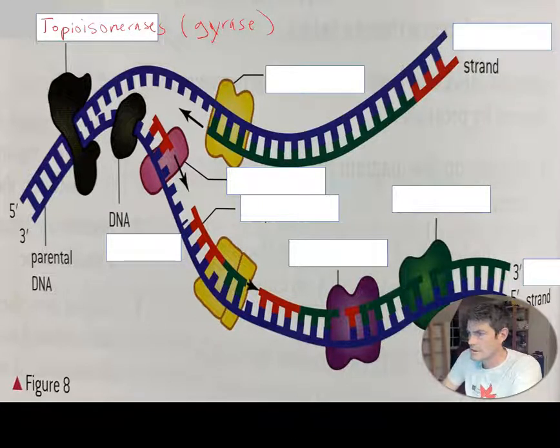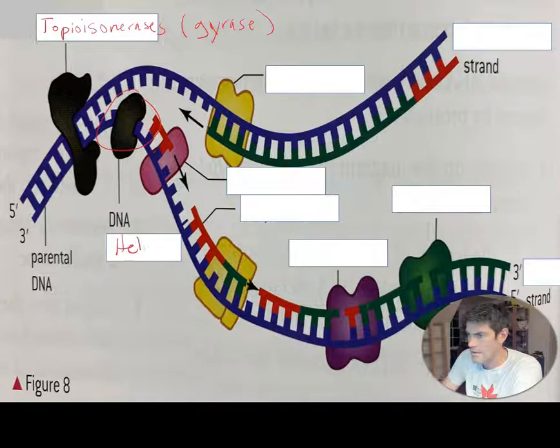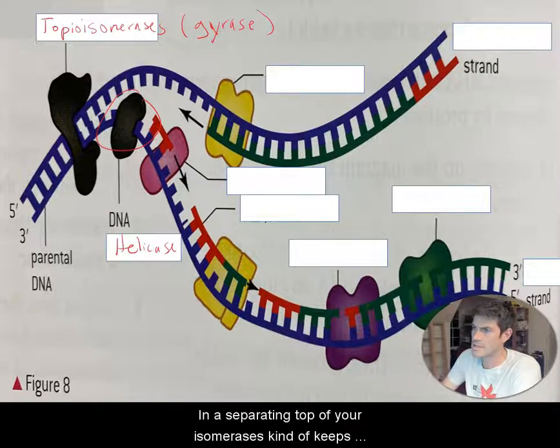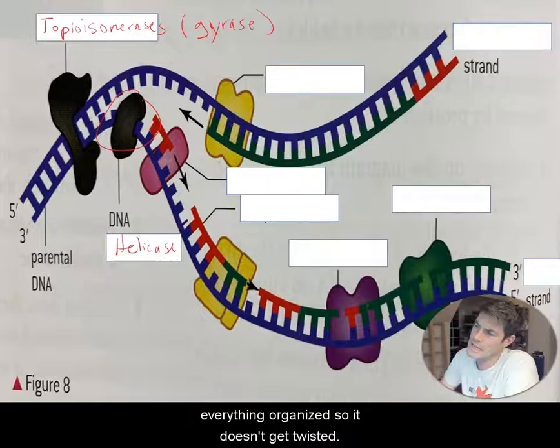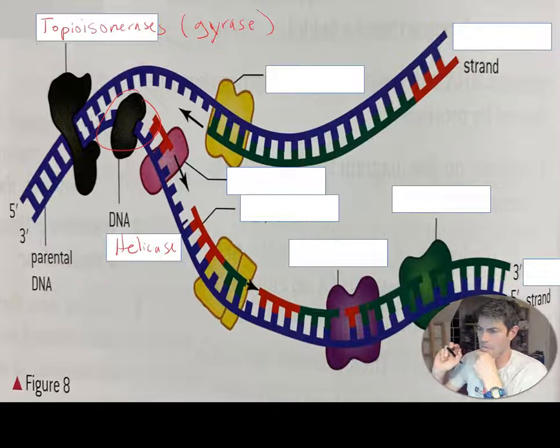Right here, you have the DNA helicase, separating. So the topoisomerases kind of keeps everything organized so it doesn't get twisted. And that makes it easier for that helicase to come and untwist everything.